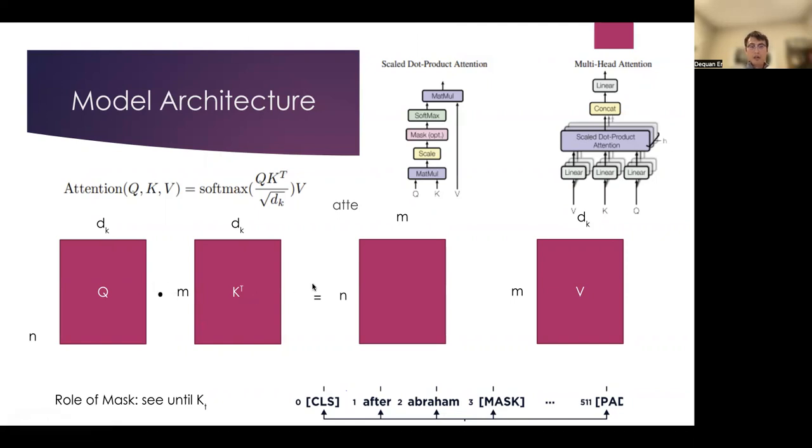So after the dot product, the dimensionality of QK is n by m. And since this is n by m, and V is m by dk, when you multiply them, the result will be n by dk. So this gives you the attention value for each word input.